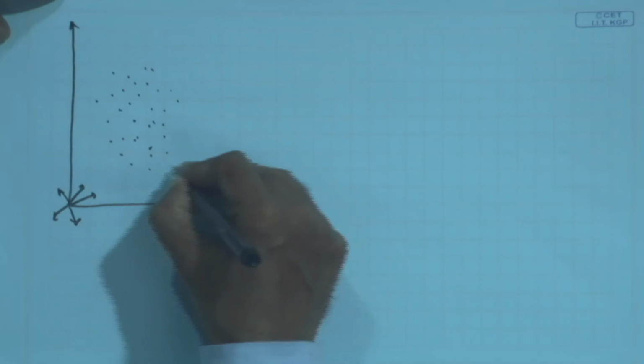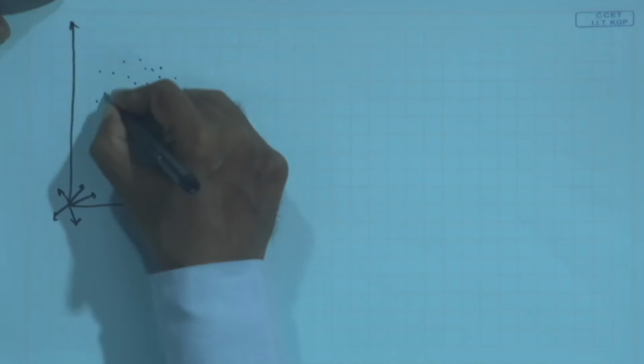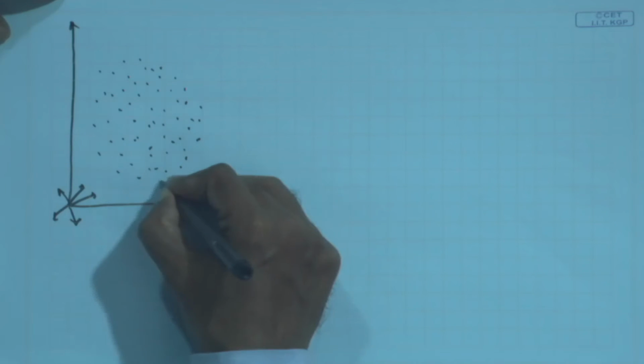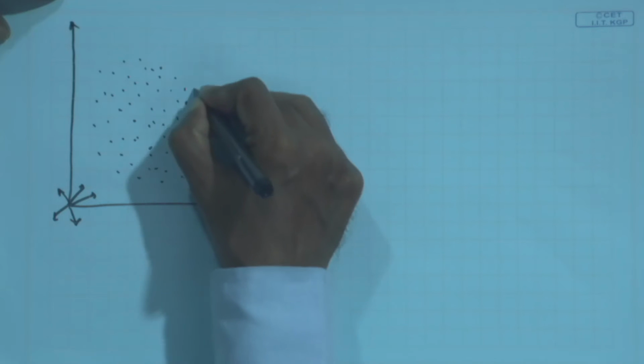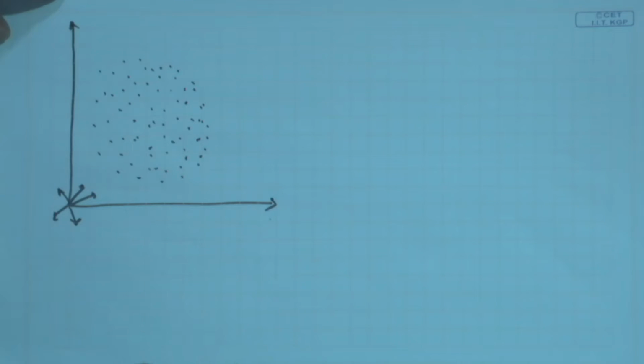It could be 1000, 5000, or 10,000. All of you know how to represent this type of data points. To represent one data point, we need L numerical values, capital L numerical values.